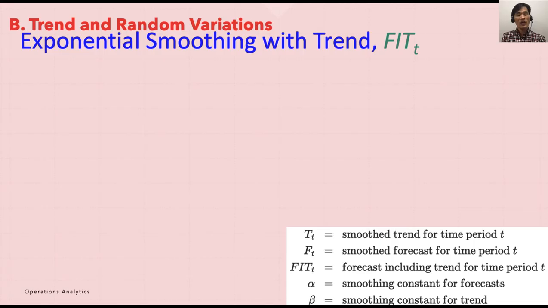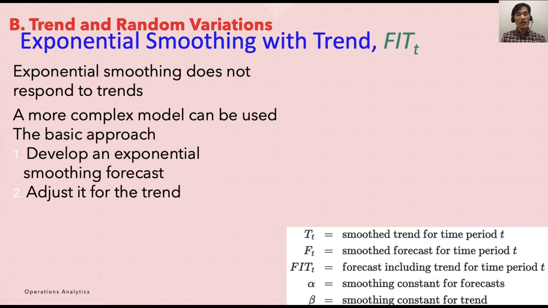Now, the second method, when dealing with the trend and random variations. Before, we just thought about random variations without trend or seasonality or cyclicality. However, in this case, we have a trend and a random variation. So, how do we treat trend?